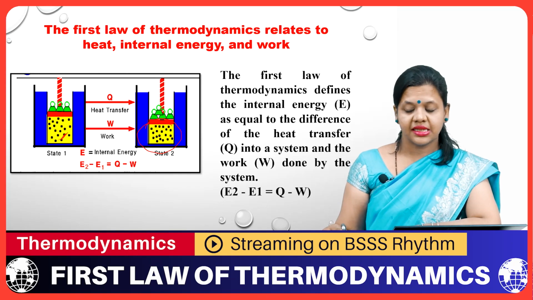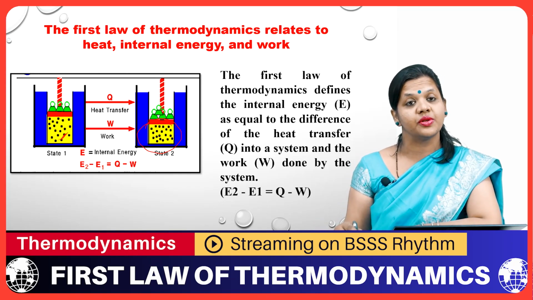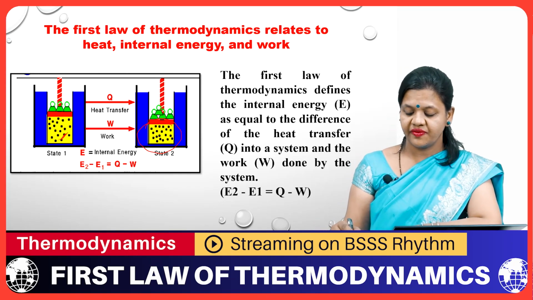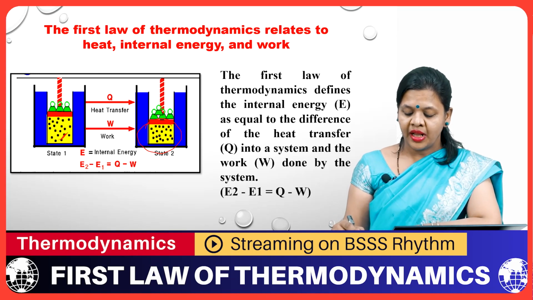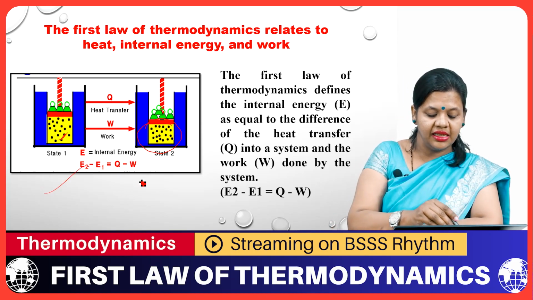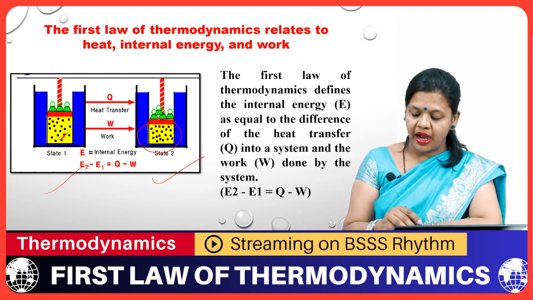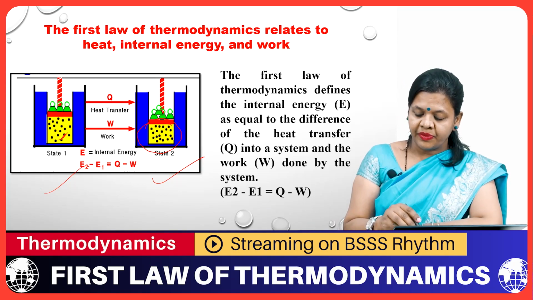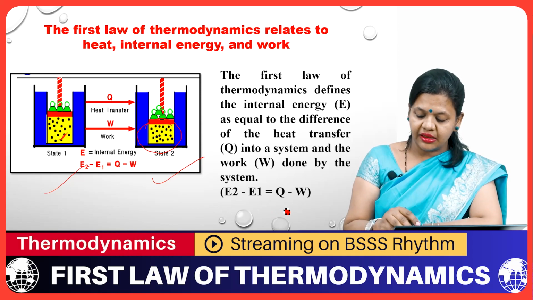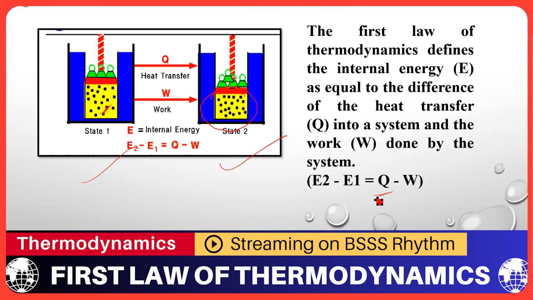A thermodynamic system in an equilibrium state possesses state variables, such as the internal energy we have just discussed. Between two systems like this, the change in internal energy is equal to the difference between the heat transferred and the work done by the system.